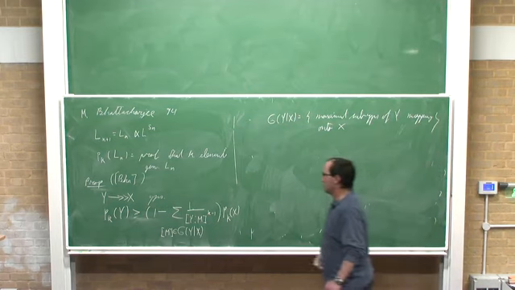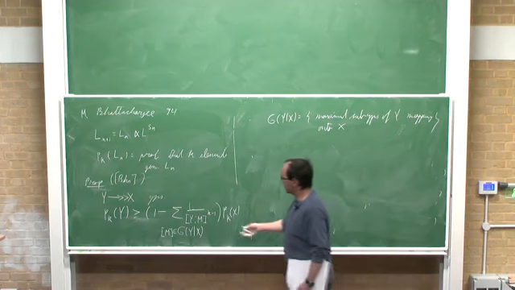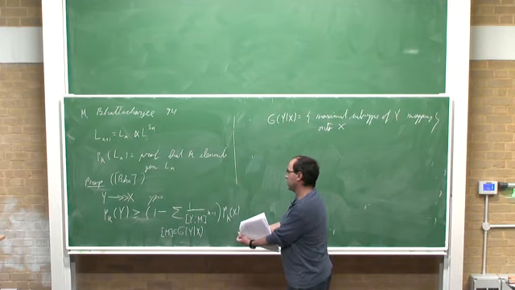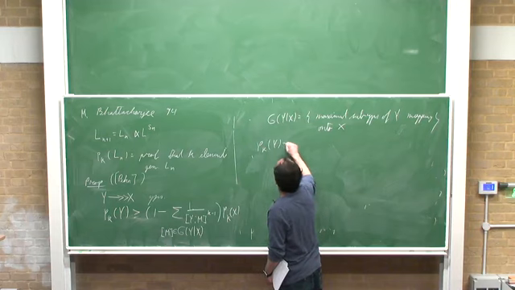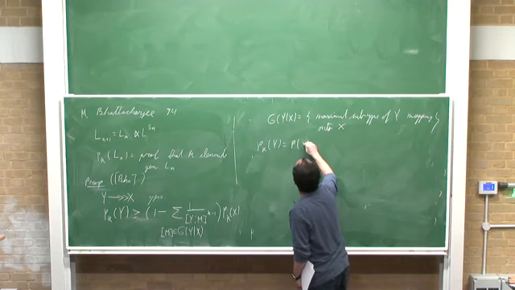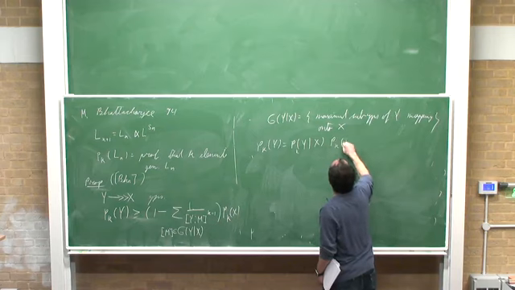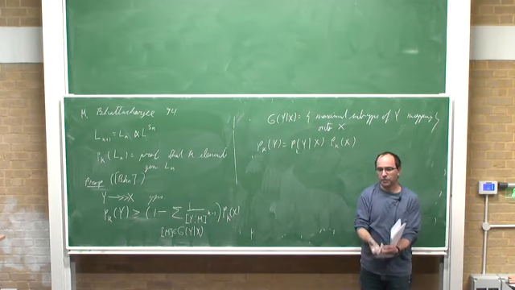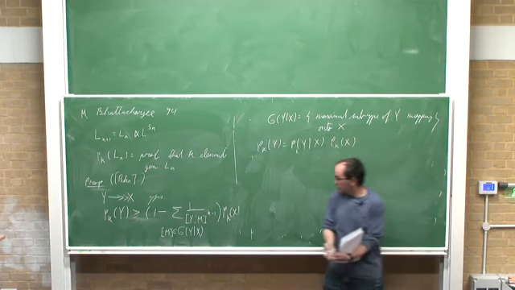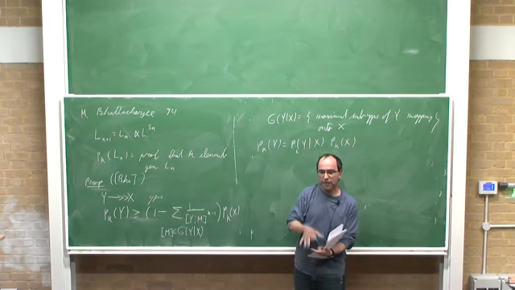Okay. So it's an easy observation, right? If you choose k elements and you want to generate Y, P_k(Y) is the probability that you generate Y given that you generate X, times the probability to generate X. And now if you take a collection of elements and they don't generate Y, then they generate some subgroup, so they lie in some maximal subgroup.